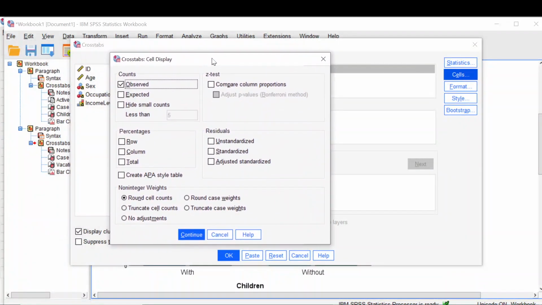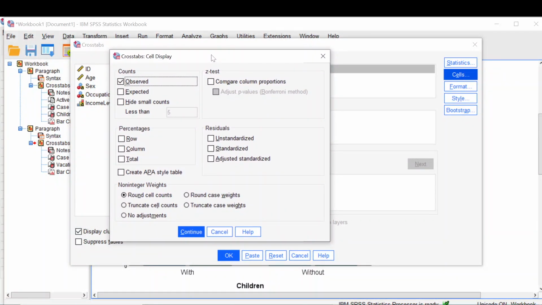And here we want to tell SPSS what we want to count. So the observed counts are the actual values. If you had just kept this checked and hit continue, you would end up with essentially just a 2x2 table, right? So it would just be the counts of how many with children took Disney, how many without children took Disney, how many with children went to the beach, and how many without children went to the beach.